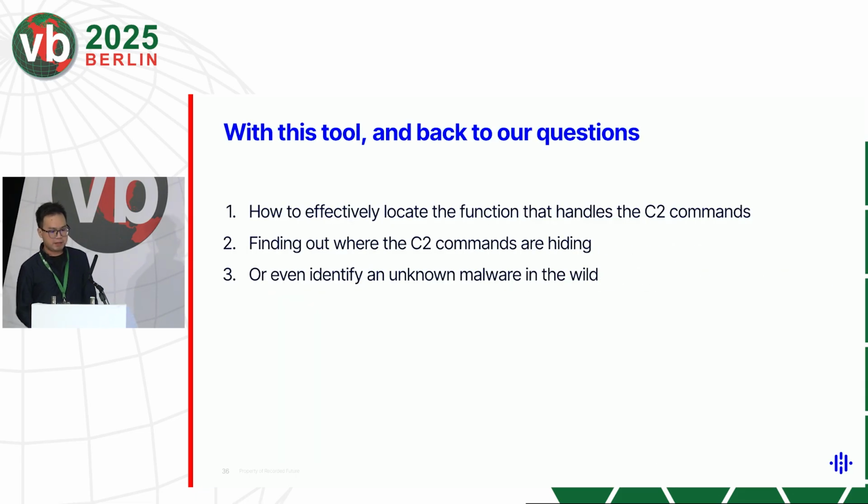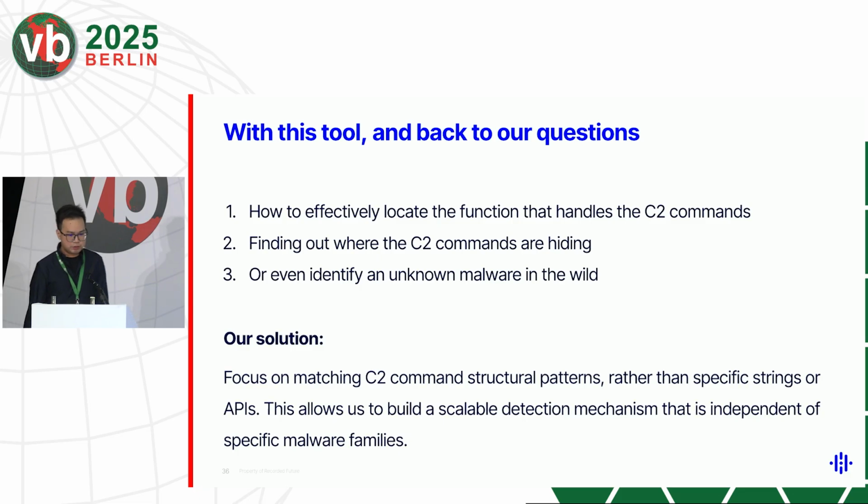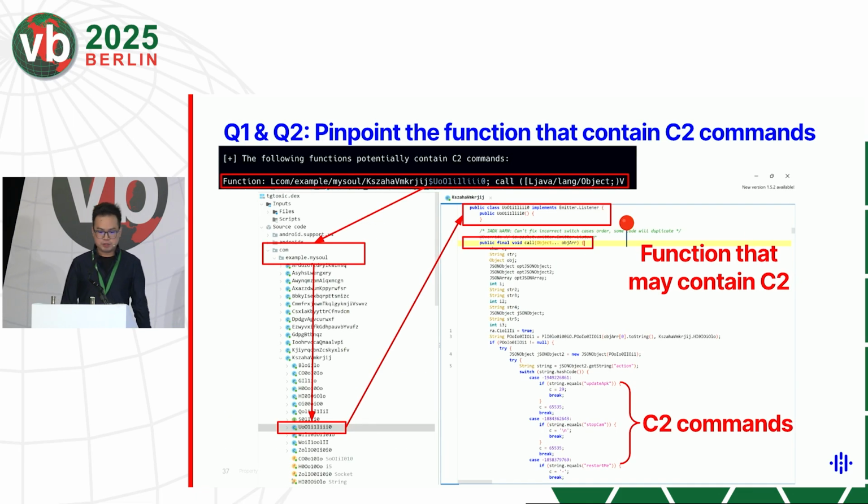Now, let's go back to the 3 questions we asked at the beginning and see how our approach answered them. Our solution focuses on matching the C2 command core pattern, not specific strings or APIs, and this allows us to build a scalable detection mechanism. This slide visually shows the answer to questions 1 and 2.